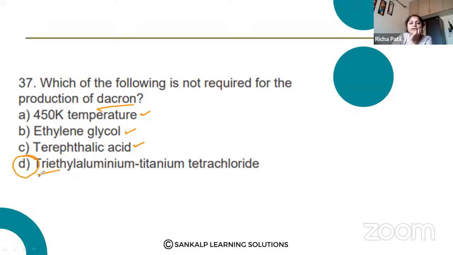So where is triethyl aluminum titanium tetrachloride used, can anyone tell me?